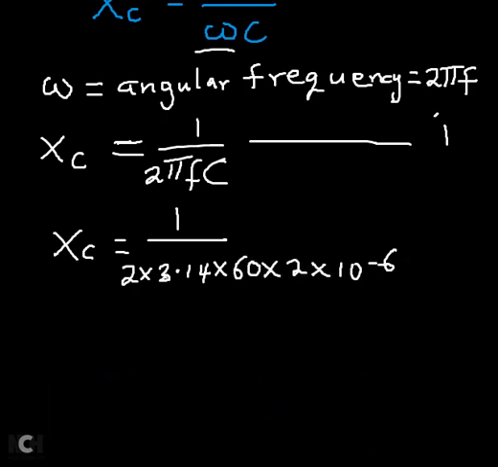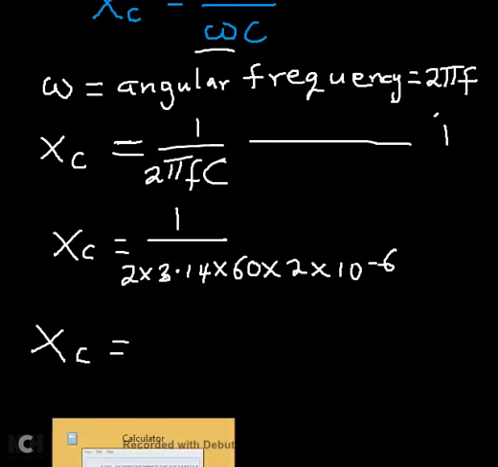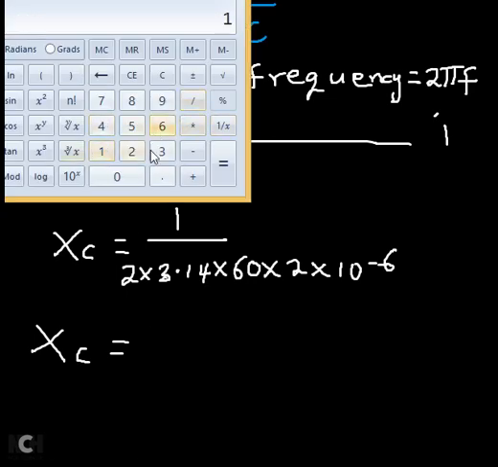Okay, so let's get this over with. If I use a calculator to do this, I have 1 divided by bracket open, 2 times 3.14 times 60 times 2, then times 10 raised to the power of minus 6, then I close my bracket.